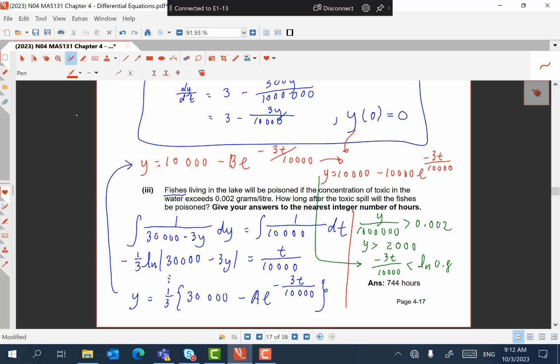If I am correct, then the final answer is t is more than ln of 0.8 divided by minus 3 times 10,000. So from there, you can find the first time that the fish will start to feel discomfort, and then eventually, I guess, die.